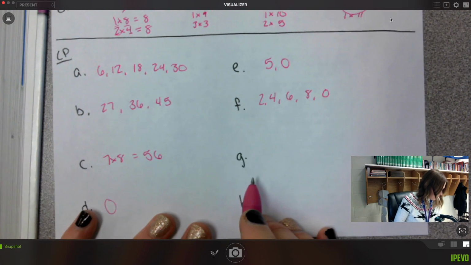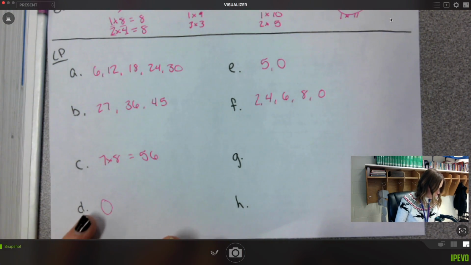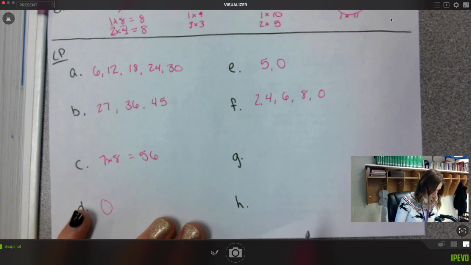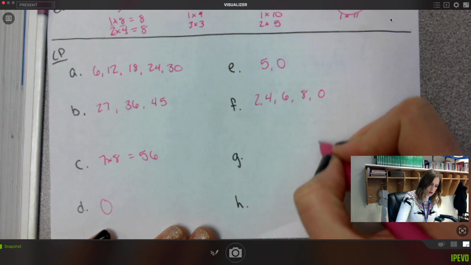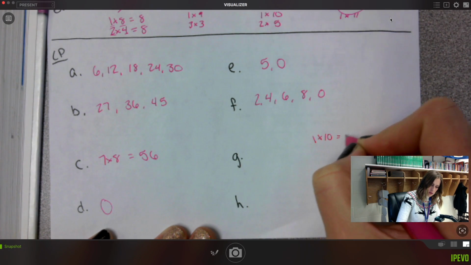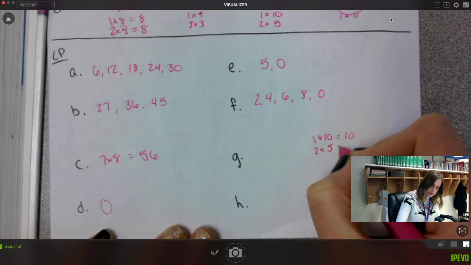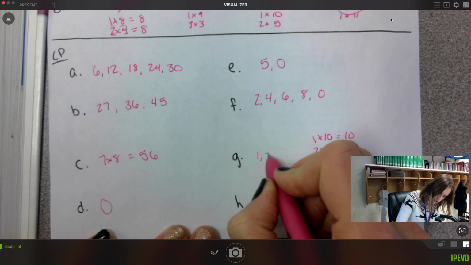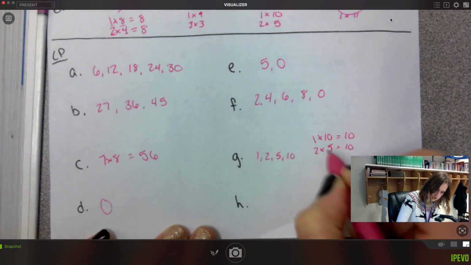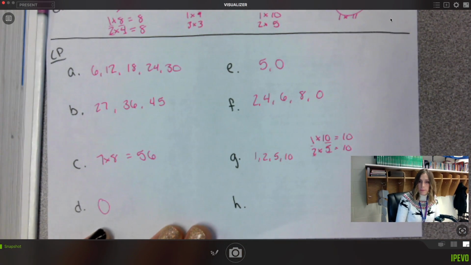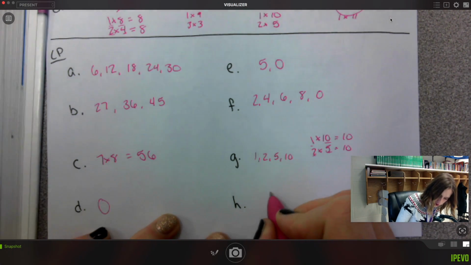G, 10 is a multiple of which whole numbers? So which numbers can we multiply to get 10? 1 times 10 equals 10. 2 times 5 equals 10. So 1, 2, 5, and 10. H, on grid paper, draw 2 ways to make a rectangle with an area of 8.